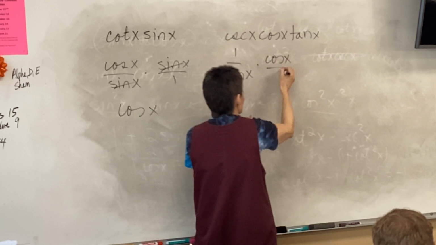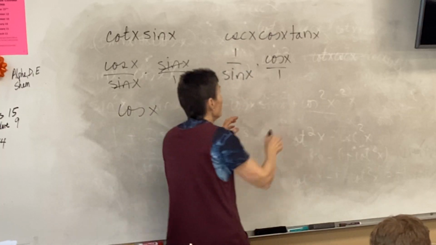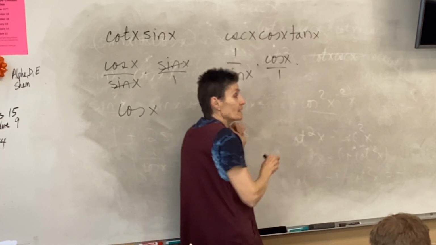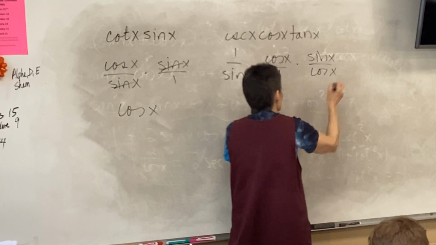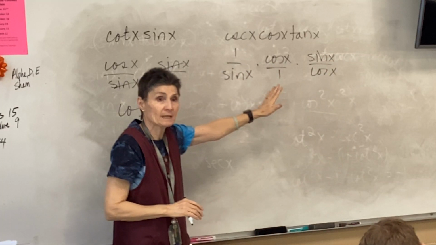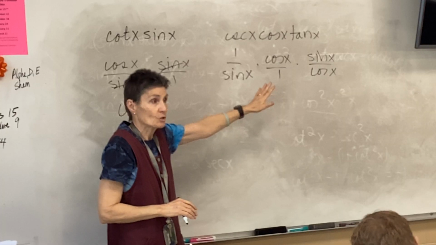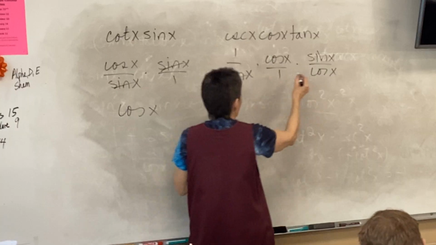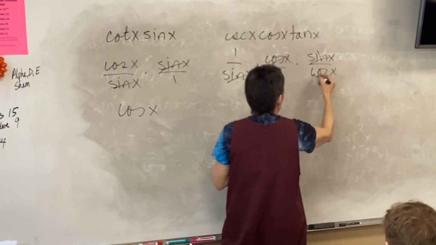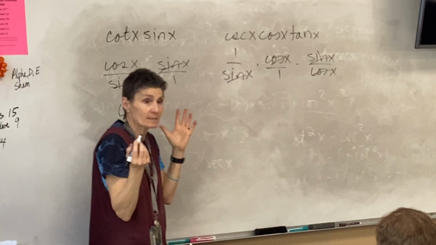So it stays as cosine over 1. But what about tangent? Sine over cosine. Now, all that is multiplication. So any tops cancel with any bottoms. So sine, oh my gosh, the answer is 1.